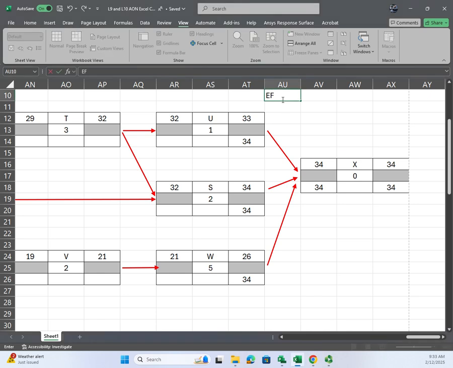EF equals ES plus duration. Okay, so those are the two equations you play with to do this, if you're ever confused and lost.